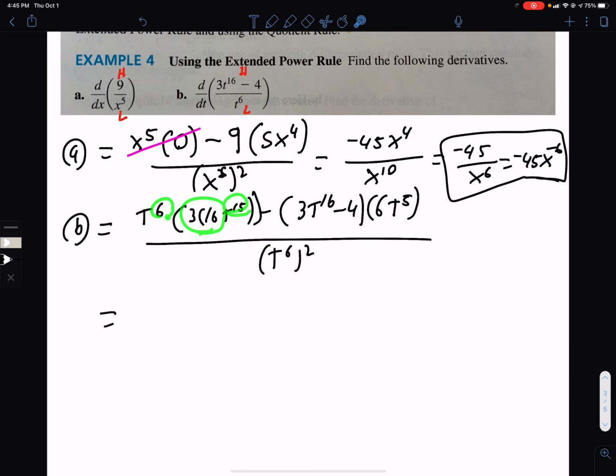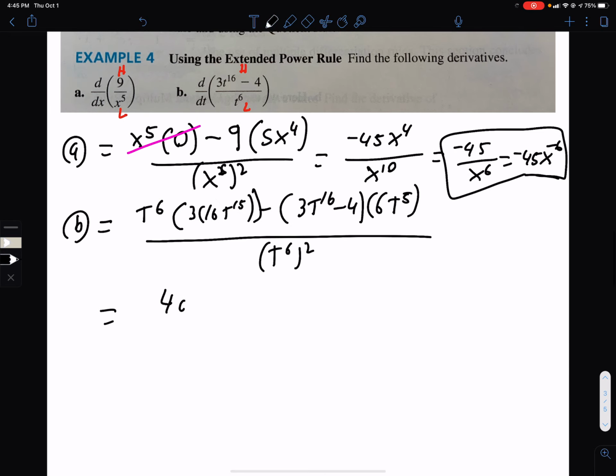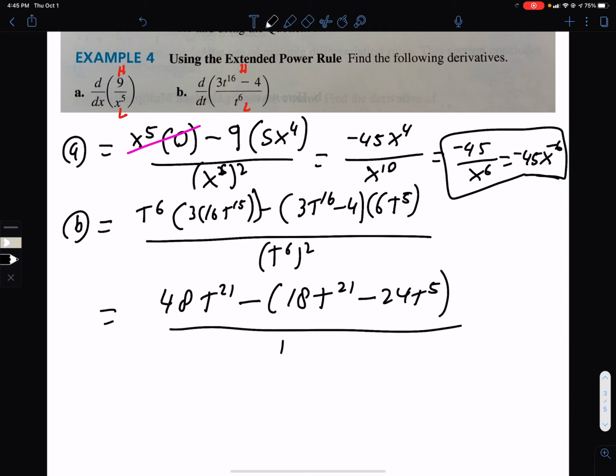And then t to the 21. 48 t to the 21 minus, and then I need to distribute here and here, here and here. So minus 18 t to the 21 and minus 24 t to the 5th all over t to the 12th.